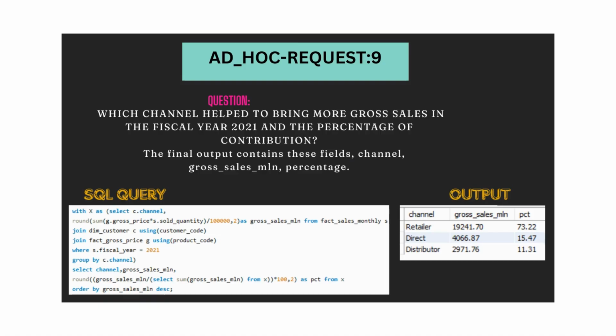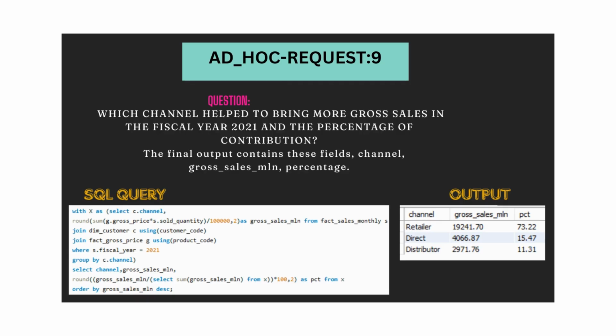Question number 9. Which channel helped to bring more gross sales in the fiscal year 2020 and the percentage of contribution? The final output contains these fields: channel, gross sales, and percentage. So I have just used a CTE and a join together, and for the percentage we have used the round function here, and then we got the output: retailer, direct, distributor.